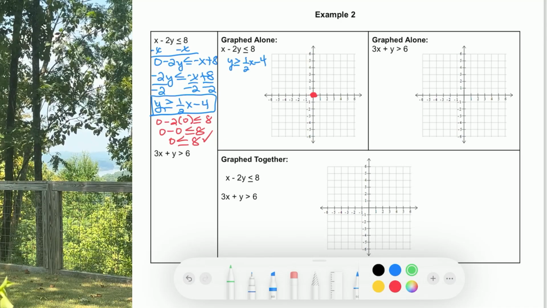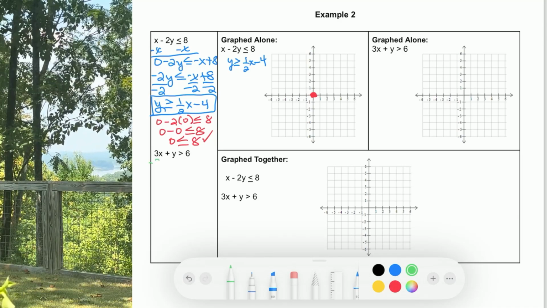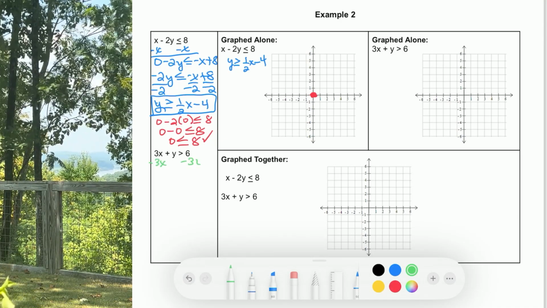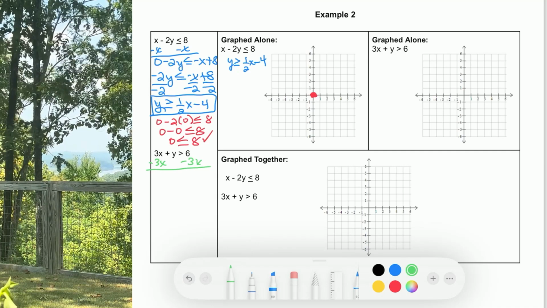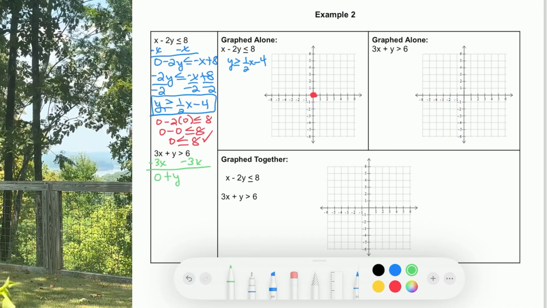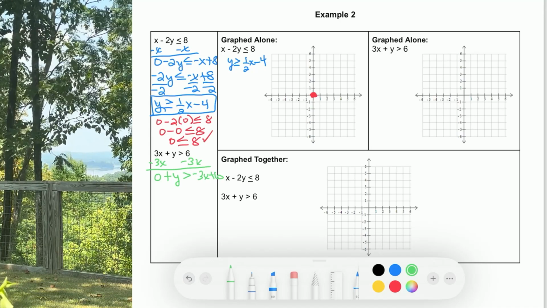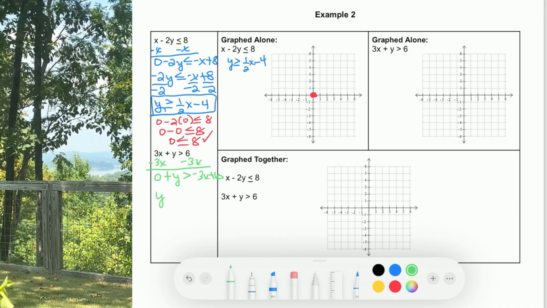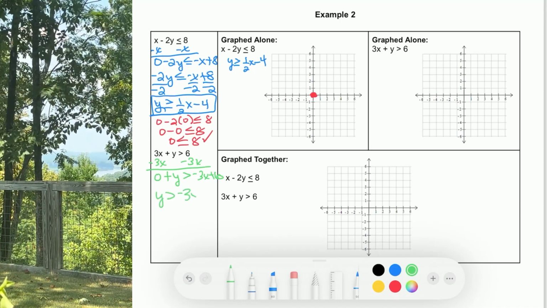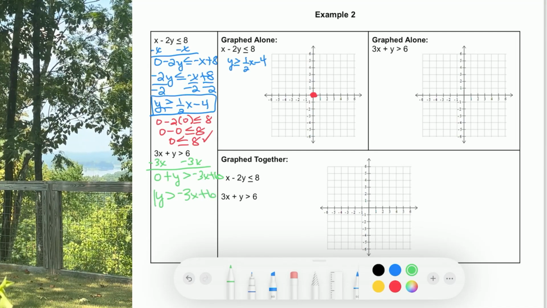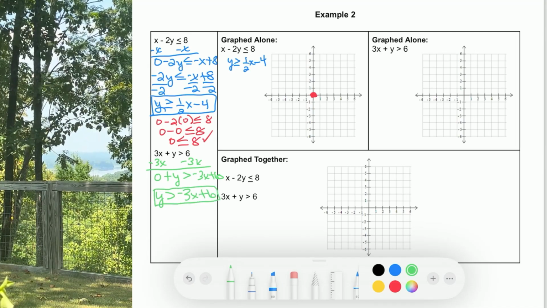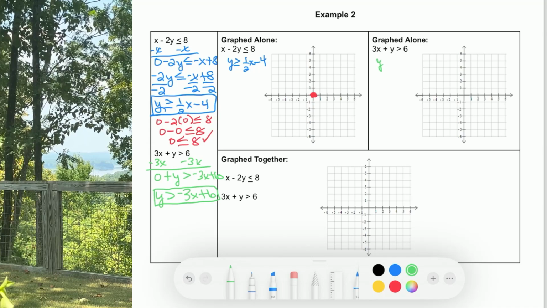Let's do our other equation. Minus 3x, minus 3x. That gives me 0 plus y is greater than negative 3x plus 6. I'm going to rewrite that. So this is our equation for this one right here. So I'm going to write that.